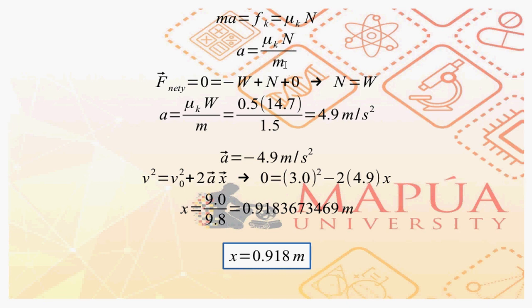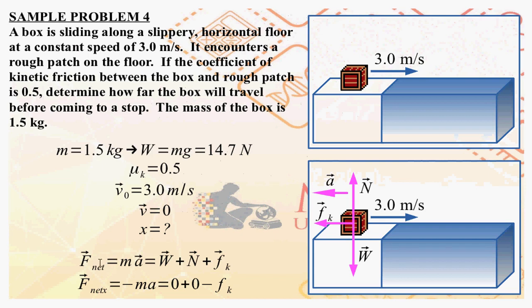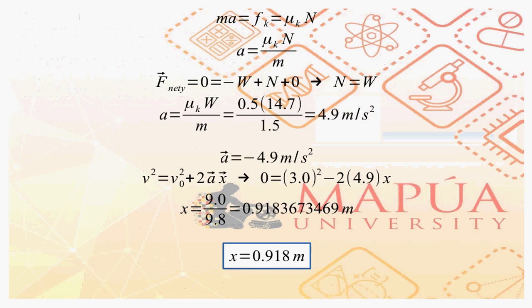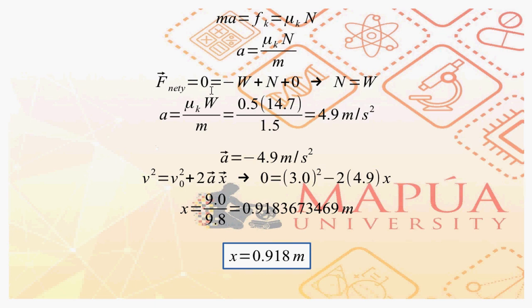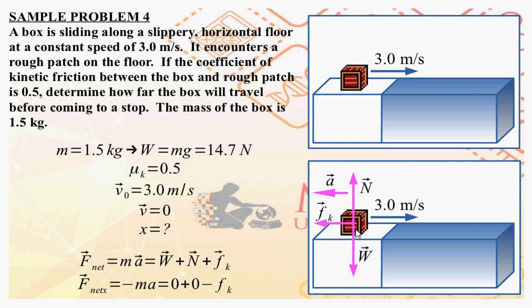We know mu k, we know m, but we don't know the normal force magnitude, so we move on to the y component. The y component of F net is F net y. The y component of ma is horizontal, so no y component. The y component of weight is vertical, all of it in the y component, negative direction.